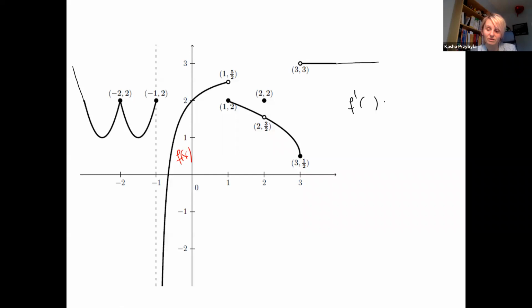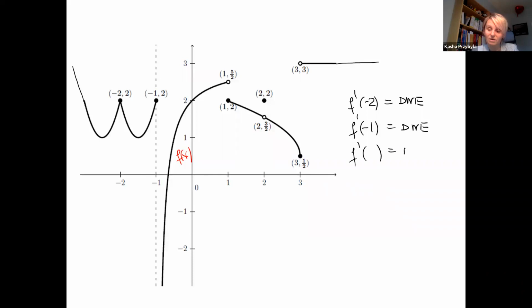Can you tell me what the x values will be? Let's start. The first one, I think we did answer. It's -2. The derivative doesn't exist at -2. What about the next one, after -2? -1, because we have an infinite discontinuity.